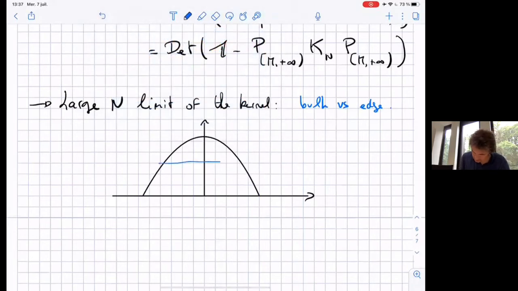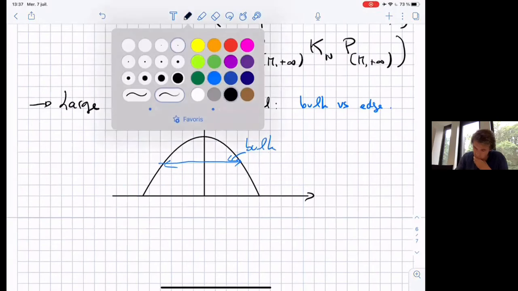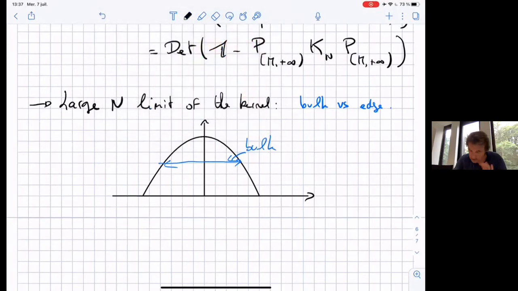Here it's a little bit different from what we have seen before, for the following reason. If I look at the scales.